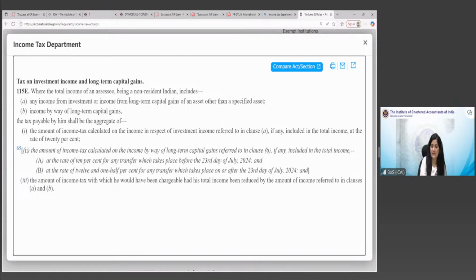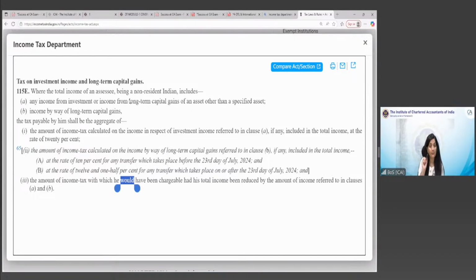Investment income is taxable at the rate of 20%. And if the transfer takes place, again there is an amendment here: if the transfer takes place after 23rd day of July 2024, your tax rate will be 12.5%, and before it, it is 10%. It was 10%, now 12.5% will apply.